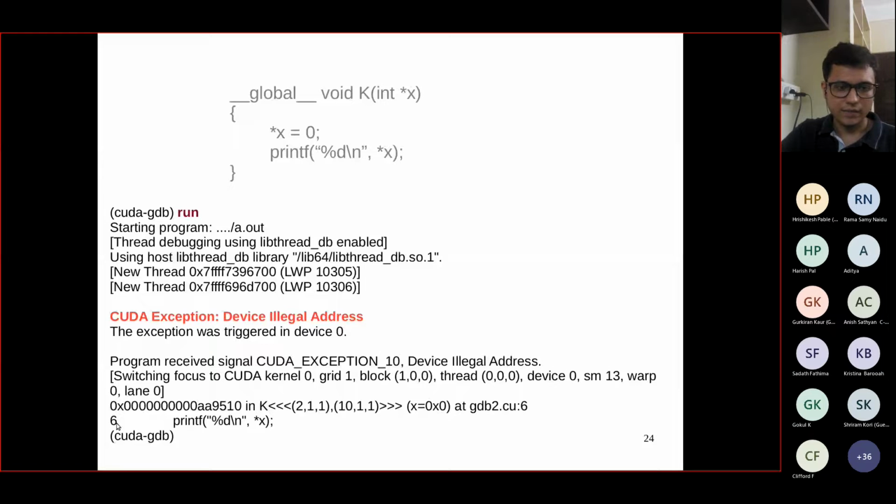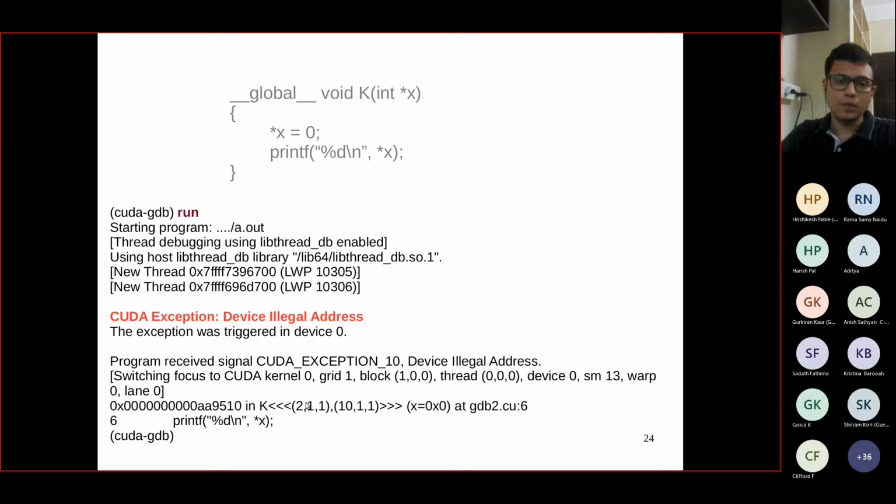Where did it encounter this error? At line number 6 here. What was at line number 6? This printf statement was there, and there it encountered the error. It is also showing the kernel launch configuration, that we launched the kernel with 2 thread blocks.